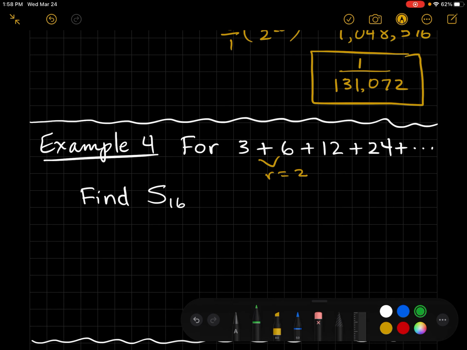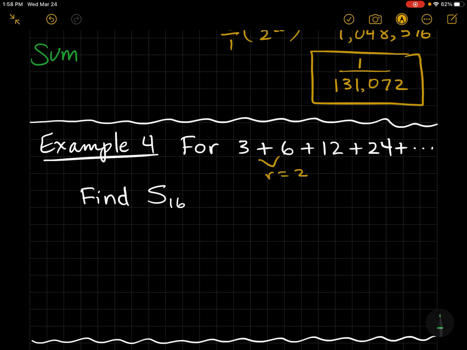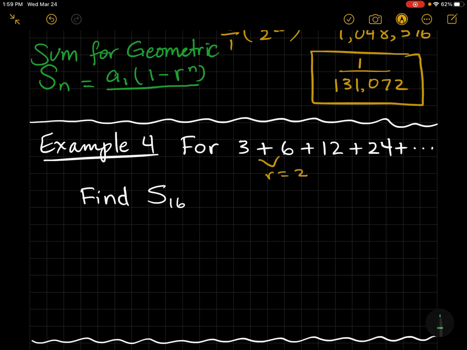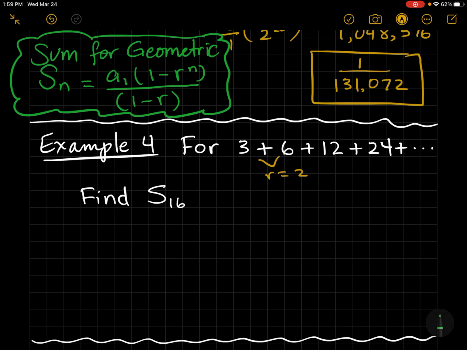The sum, or S of n, for geometric, and see we have a different formula for arithmetic, is S of n equals a sub 1 times 1 minus r to the n over 1 minus r. Very important formula, and I want you to write this down.